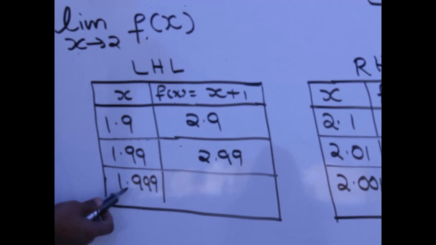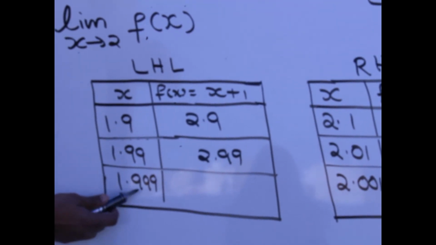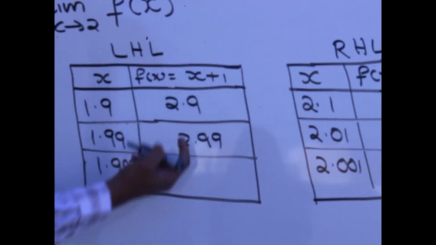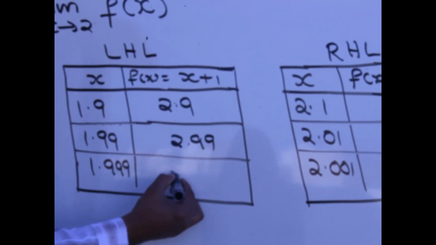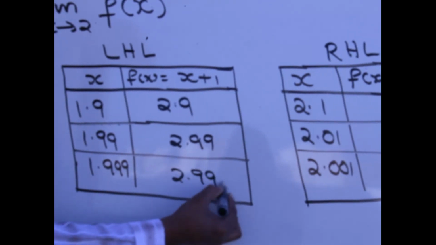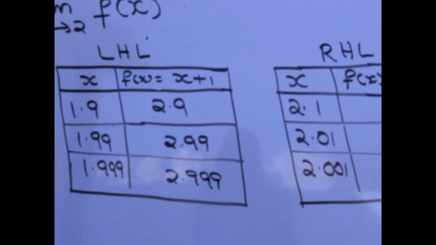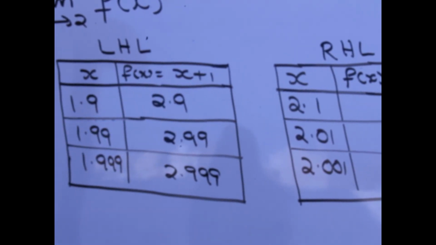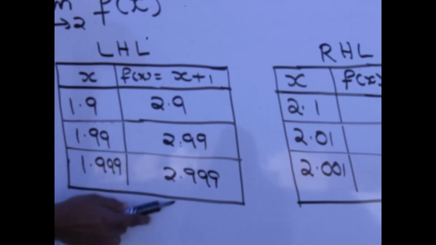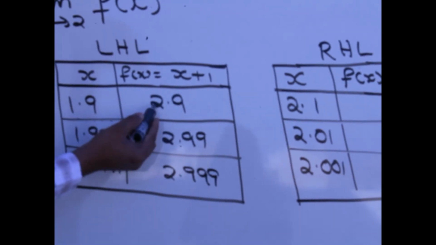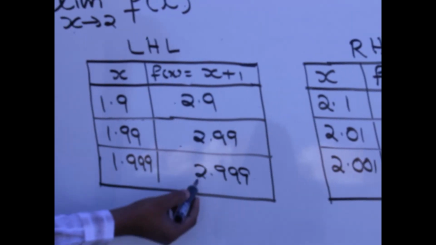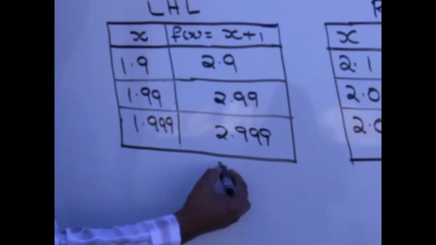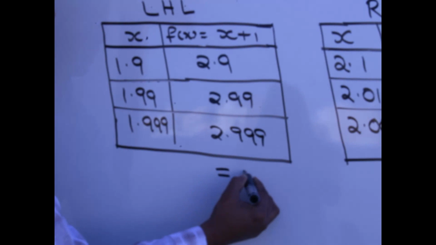Again, for the next iteration, 1.999 with f of x equal to x plus 1 gives 2.999. From the LHL, if you look at the functional value column, you get 2.9, 2.99, 2.999, which is approximately, or strictly we can say, equal to 3.